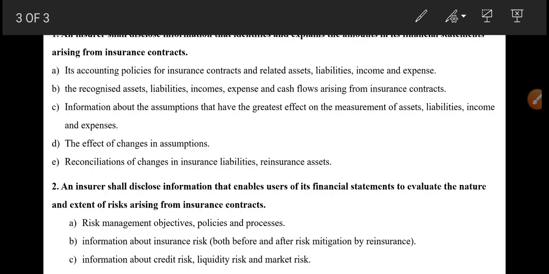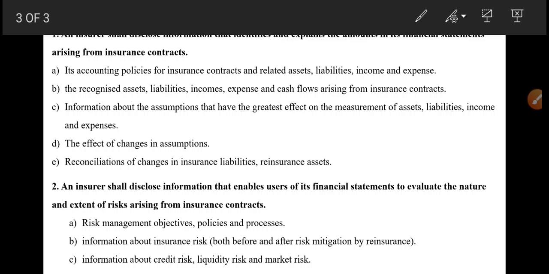Because insurance contracts are nothing but something involving a risk factor, heavily involving risk. So how the insurance company is going to manage and mitigate the risk involved in insurance contracts has to be disclosed to the policy holders.